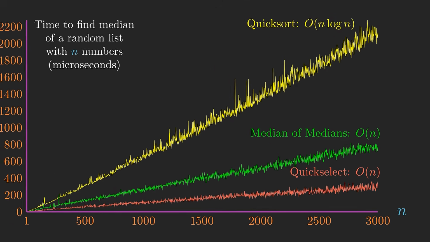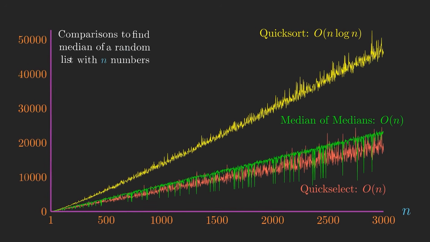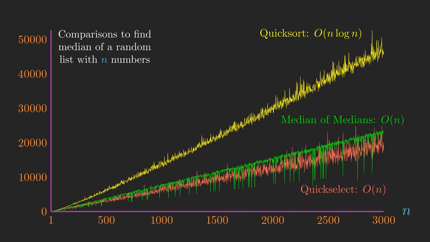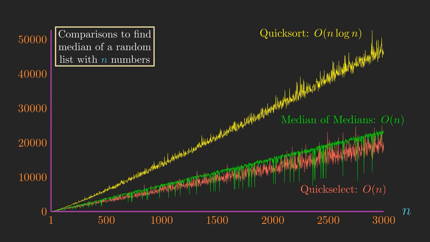But we can peek into that worst-case performance by counting something slightly different. What you're seeing here is a graph of how many times each of the algorithms compares two numbers in the list. So that could be for comparing a number to a pivot or sorting small groups of 5 for the median of medians method. The data on this plot is the worst recorded case out of 100 trials for each value of n.